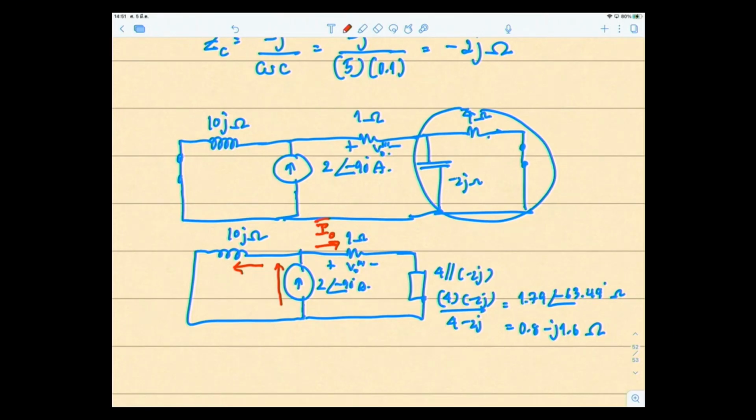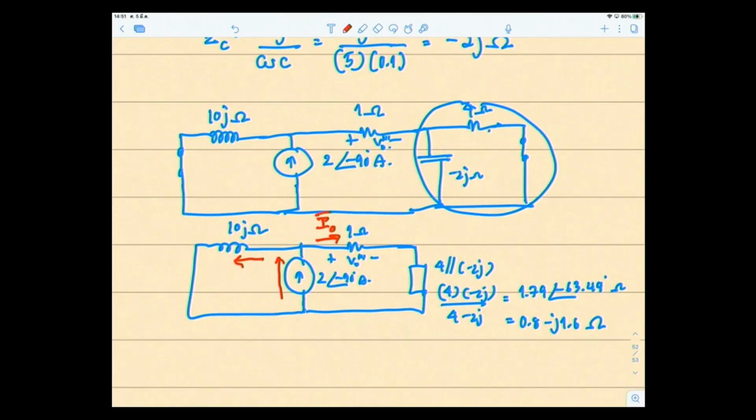The current splits into the two branches, right? I out splits from the 2 amps right here, so I can use the current divider. The 2 amps from the current source divide into 2 branches, and we have a shortcut formula for that. For any current divided into 2 branches, I out passes through this branch of 1 ohm and this impedance here.